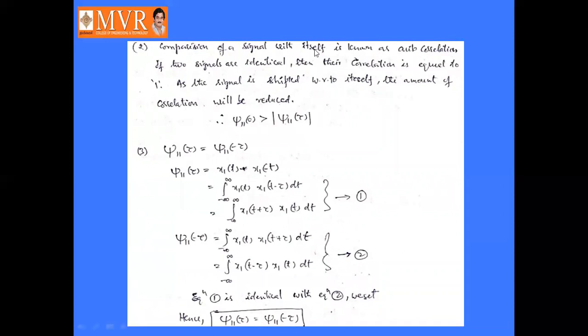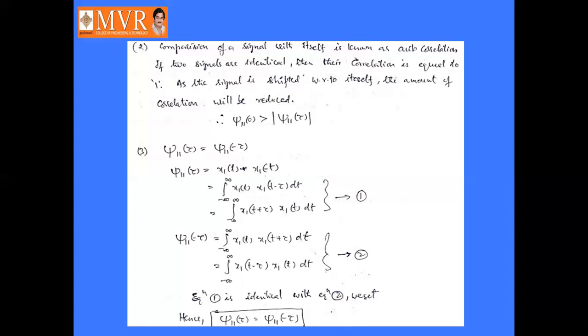Comparison of a signal with itself is known as autocorrelation. If two signals are identical, then their correlation is equal to 1. As the signal is shifted with respect to itself, the amount of correlation will be reduced. Therefore J11 of 0 must be greater than mod J11 of tau.